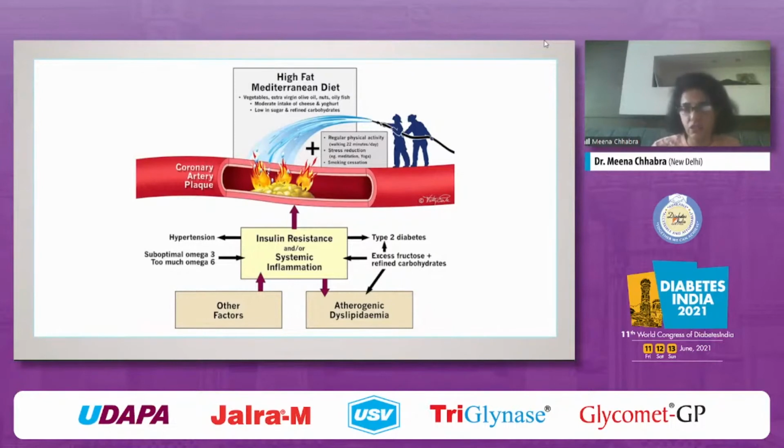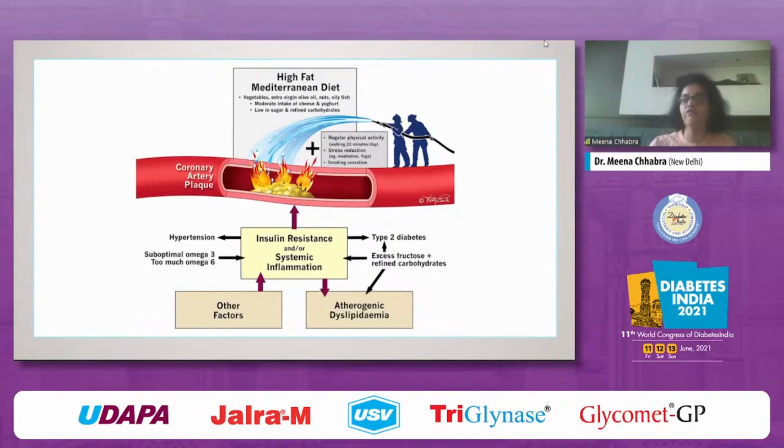So it decreases insulin resistance because it is the excess fructose and refined carbs which are atherogenic. So to decrease systemic inflammation, we must take at least not too little omega-3. Suboptimal omega-3 and too much omega-6 will again cause inflammation. And therefore, not only should saturated fats be decreased, MUFA should be increased.